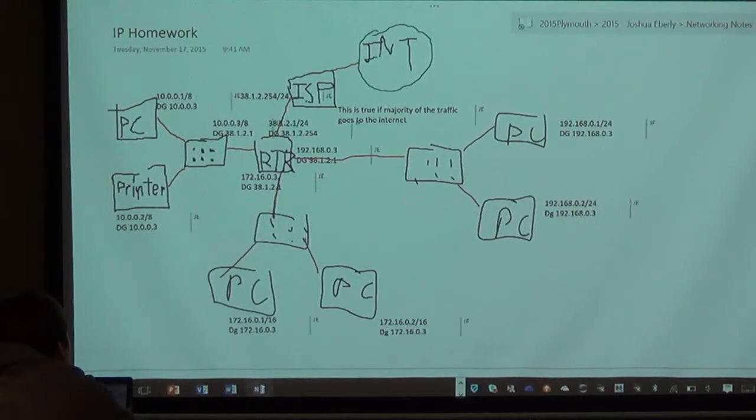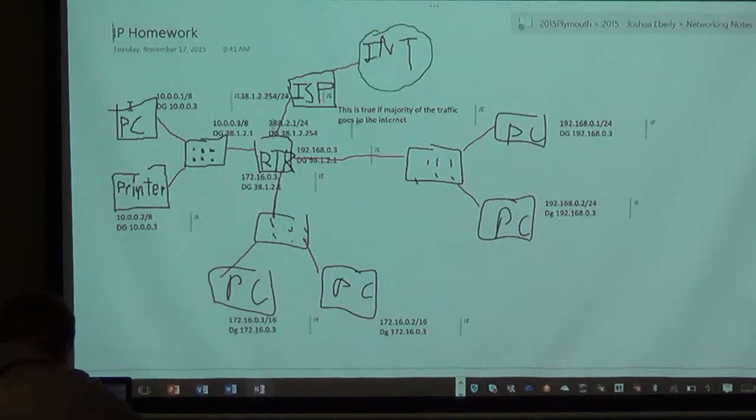All right, I want you to look at this. I've got the cursor over here. In this particular case, Josh has got a switch, a router, and then that router happens to have 1, 2, 3, 4 interfaces. But here's the thing.